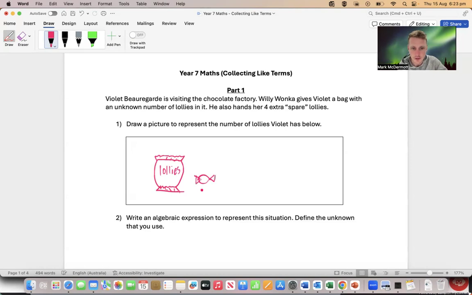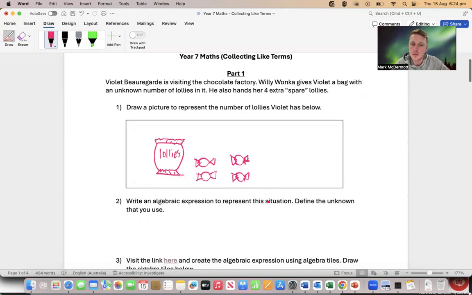There's one, two, three, and four. You get the idea. So it looks something like this. That's a picture that could represent the number of lollies she has. So that's the first part.